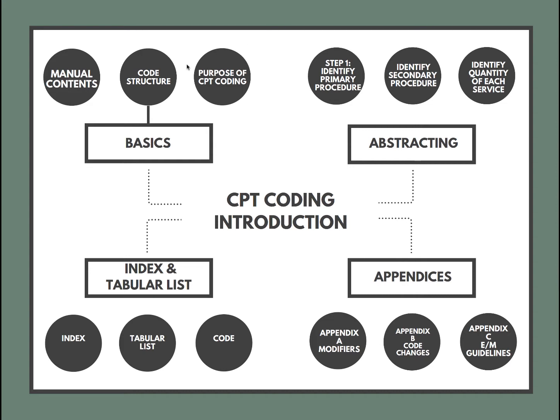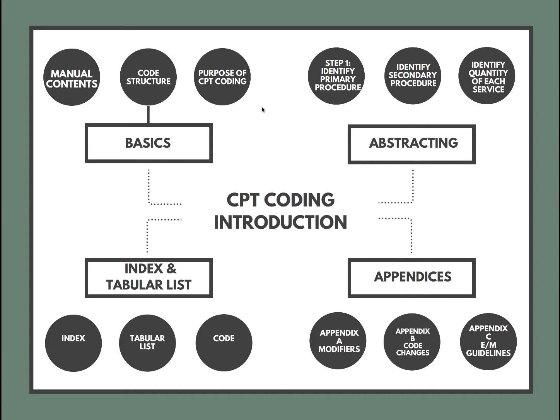I think I skipped over this middle bullet, so let me go back to the code structure really quick. The code structure for CPT codes is 5 digits. There's no decimal point anywhere in those digits. They are alphanumeric, depending on which system you're coding from. Also, there is no definition per digit.